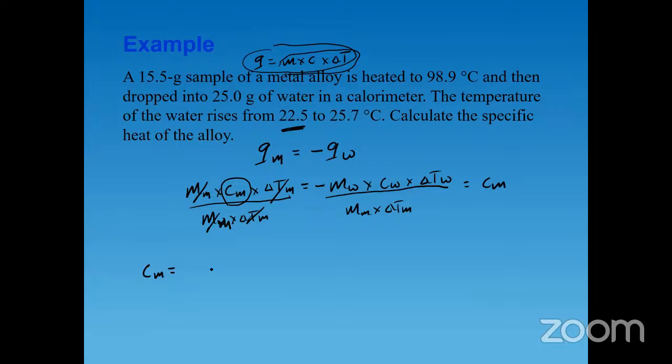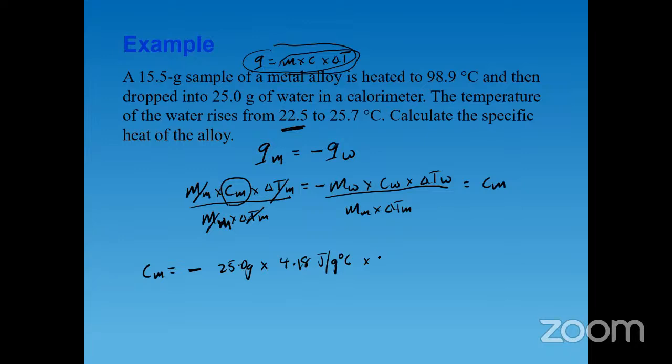What we're going to do is put the numbers in. Now, let me just say that you have to be careful about doing this. You have to make sure that you place the numbers in the right position. So in the case of the water, the mass of the water is 25.0 grams, according to the information provided, times the specific heat of water, which you'd have to be provided with, which is 4.18 joules per gram degrees Celsius, multiplied by the change in temperature of the metal.